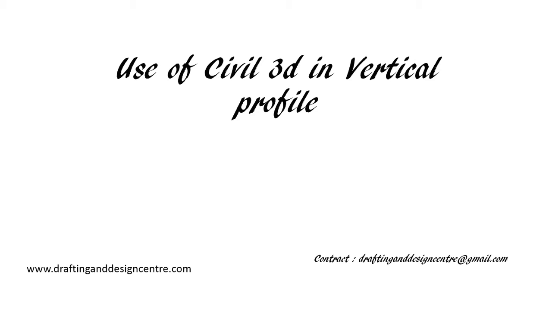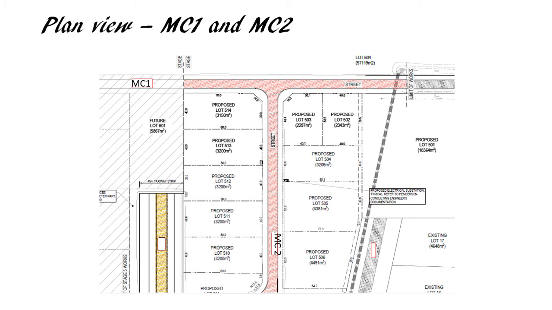So in today's talk, we will discuss the use of Civil 3D in vertical profiling. As you can see, I have created a drawing to explain the vertical profiling. I have used the example of subdivision development.